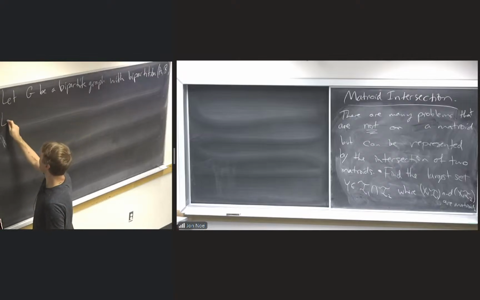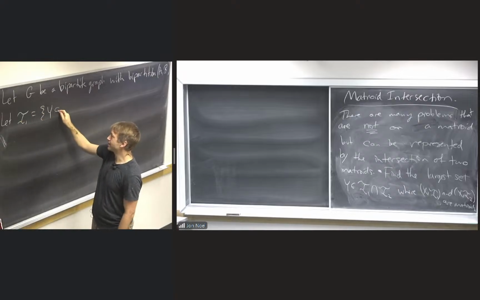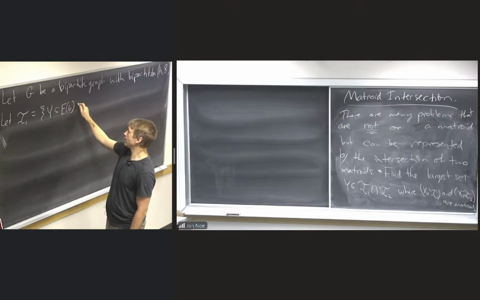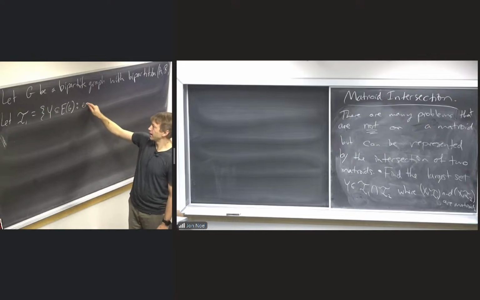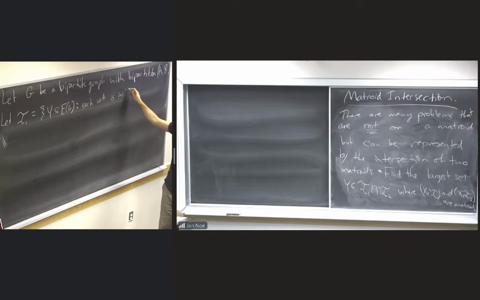I'll let I1 be the set of all Y, which is a subset of E(G), such that each vertex of A is incident to at most one edge in Y. So these are sets of edges that could intersect a whole bunch on the right side, but they're not allowed to intersect on the left side.